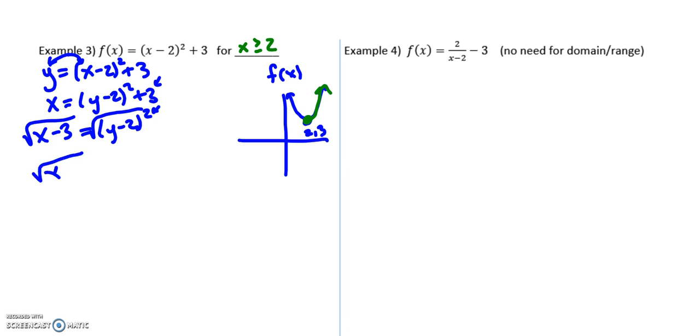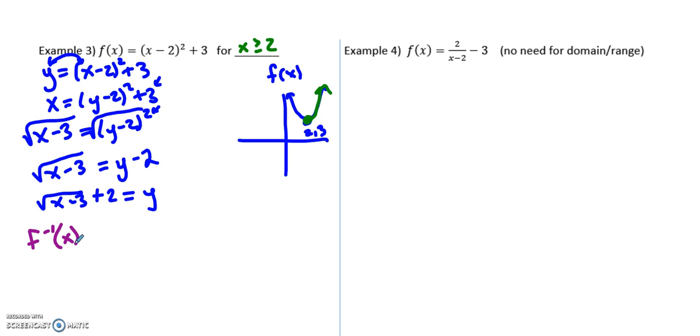The square root of x minus 3 equals y minus 2. And lastly, add the 2 over. So the square root of x minus 3, plus 2 outside the radical, equals y. So I can write my inverse function, f inverse of x, equals the square root of x minus 3 plus 2.